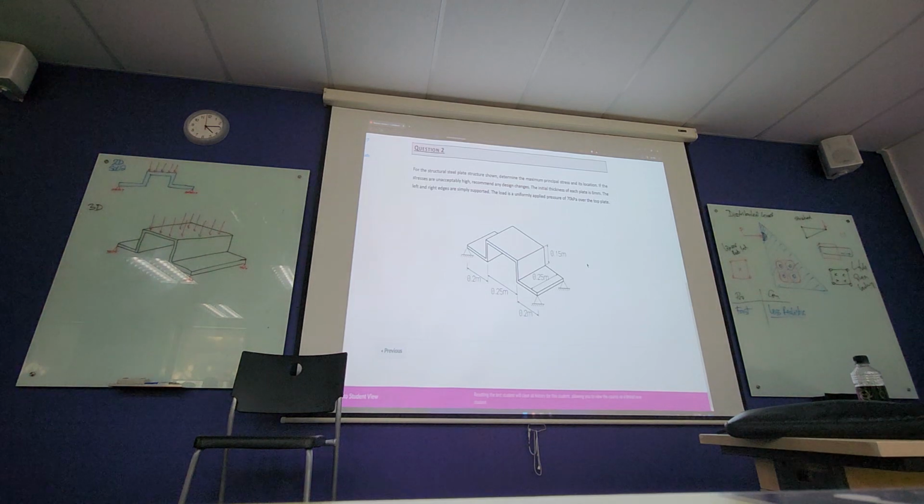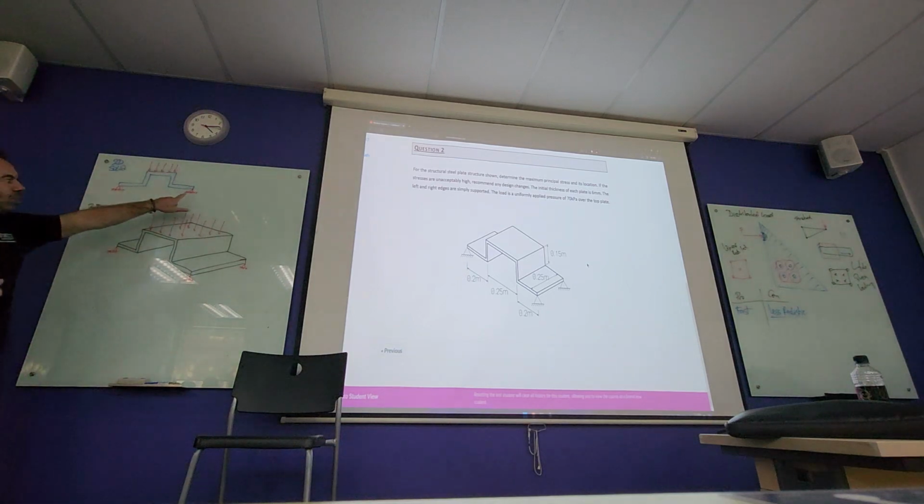The correct answer is no. So whoever said no guessed right. Why are they not equivalent? The four-pin joint is up there. Boundary condition. Exactly.